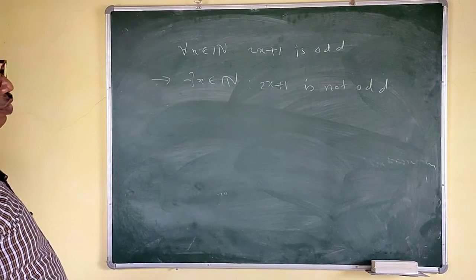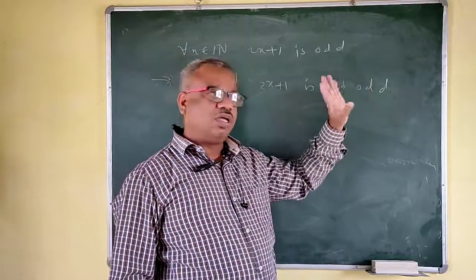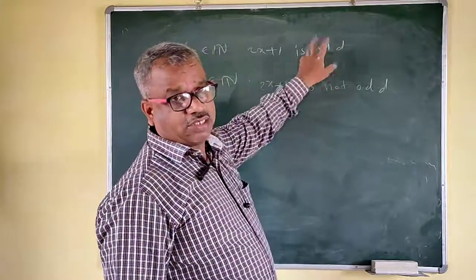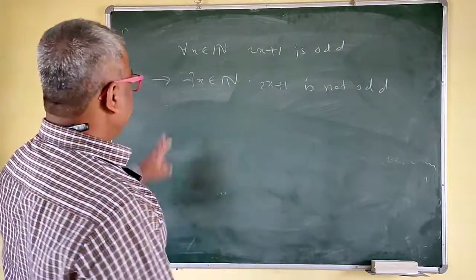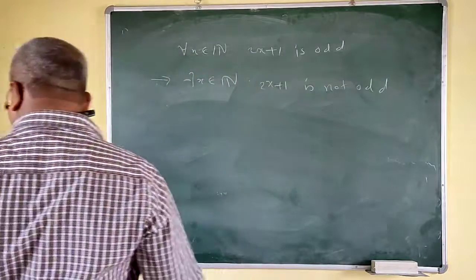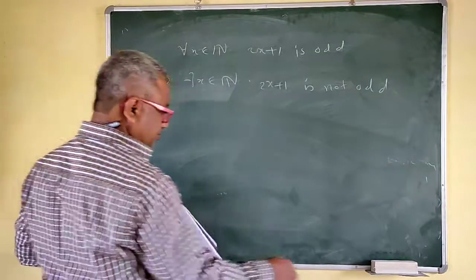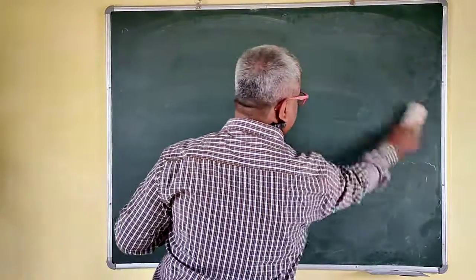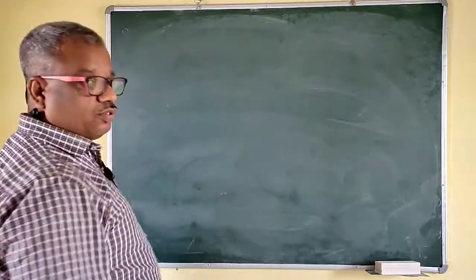So you may write here 2x plus 1 is even, because number is not odd. You can write not odd as even, doesn't matter. Negation of odd is even, negation of even is odd. So I think we'll stop here.